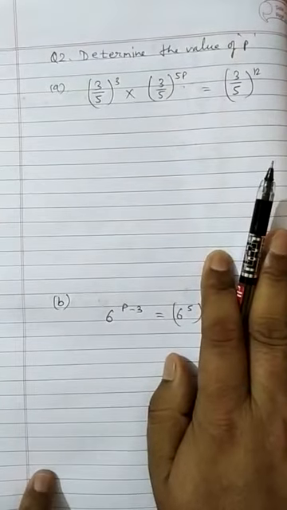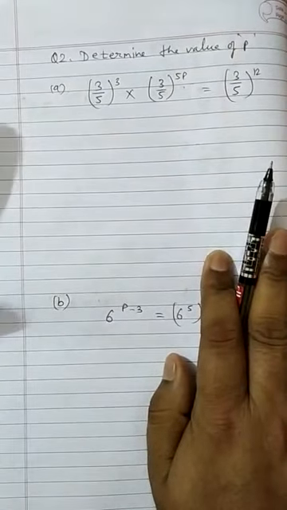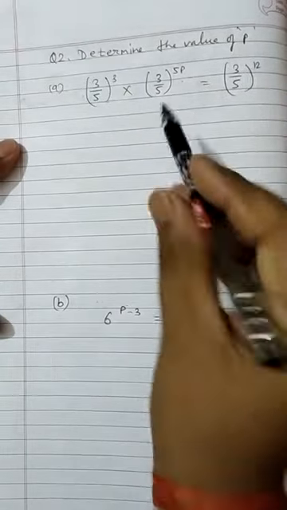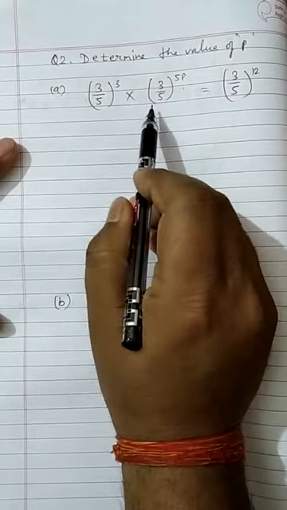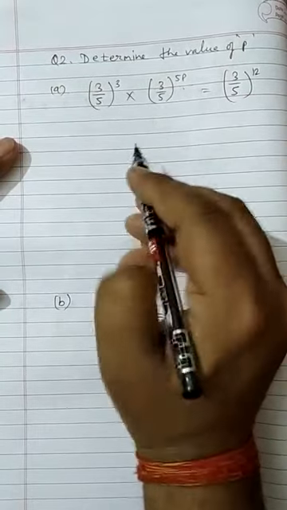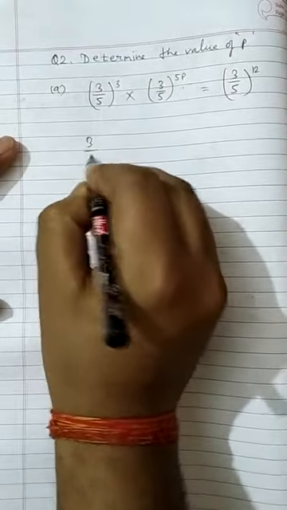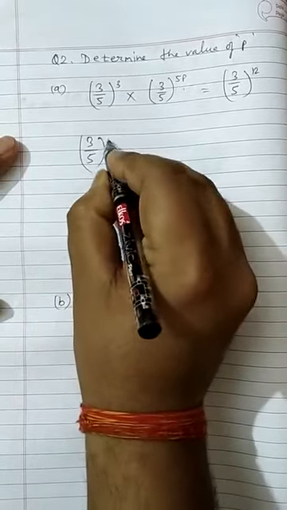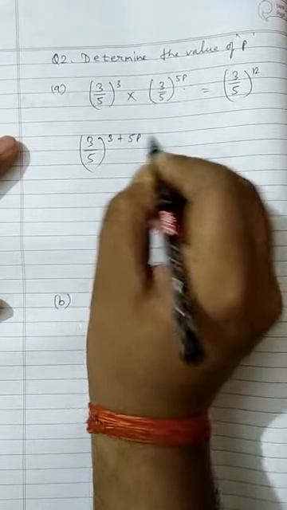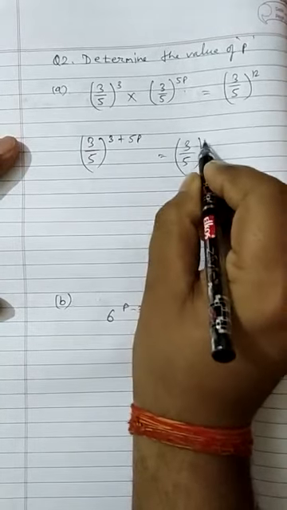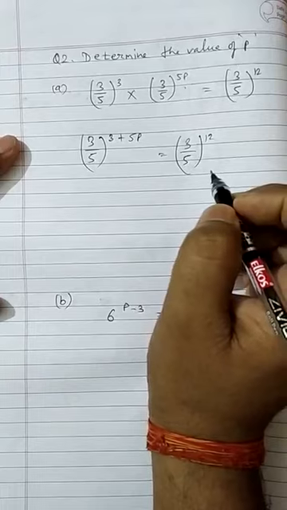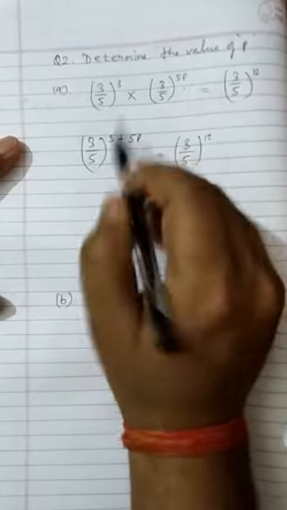Now our next question is to determine the value of p. Here again we can see that the bases are the same and between them is the multiplication sign, so the powers will be added. 3 upon 5 raised to power 3 plus 5p is equal to 3 upon 5 raised to power 12. Only we have added the powers.